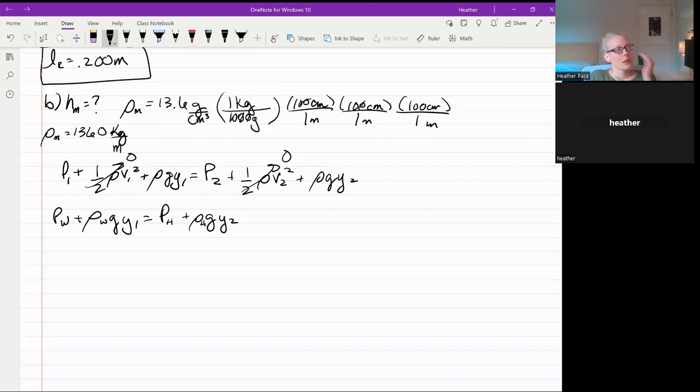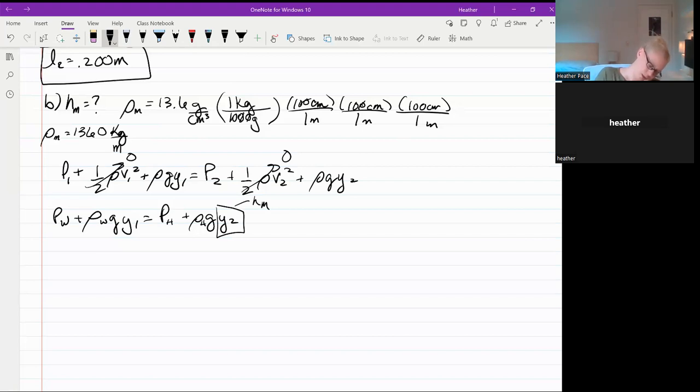So rho water and rho mercury are things that we can look up. Those are just constants, and we can rearrange this to find what we're looking for. So we are looking for this, because that is the height of the mercury on the other side.